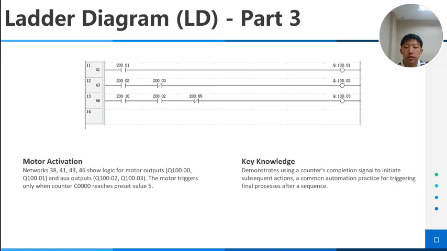This is a key part of the logic, showing how the PLC waits for a specific condition, the counter reaching its set value, before executing a final task, which is turning on the motor in this case.